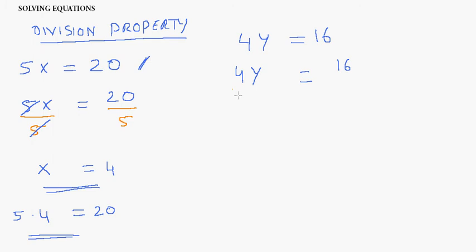Now we're going to divide this equation by 4 because 4 is multiplying the variable. 4 and 4 get cancelled. We are left with y equals 16 over 4, which is 4. Therefore the value of this equation is y equals 4.